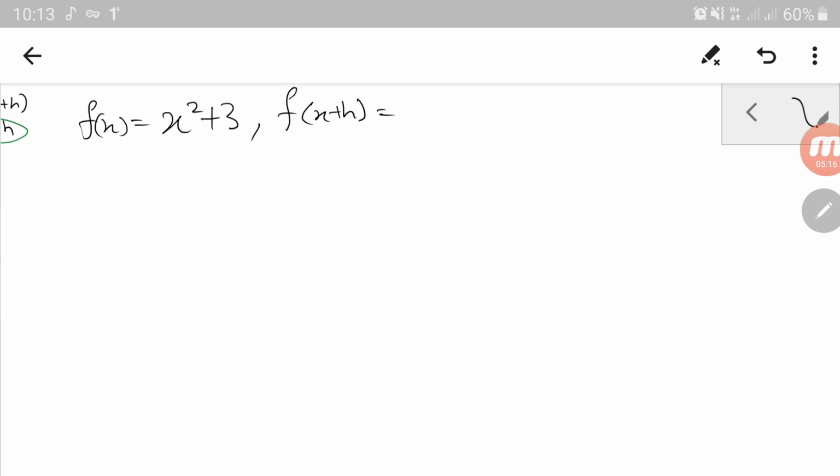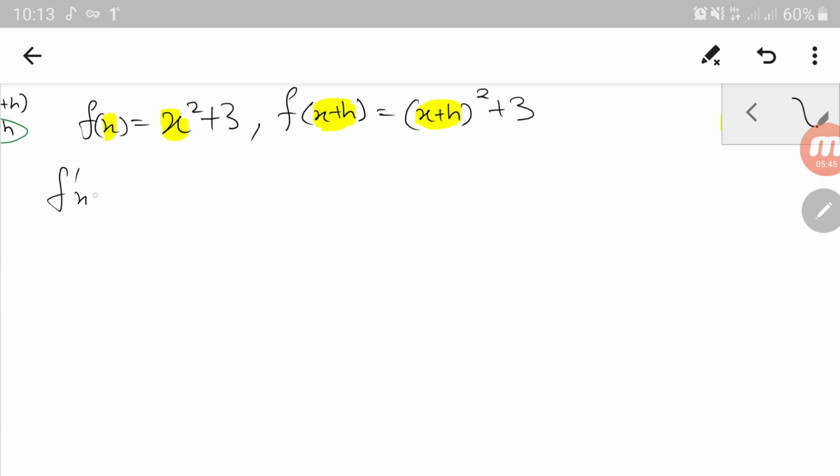Remember, it's like a function. If we adjust the object, then we treat the object as the whole bracket, and then we change it to whatever we want it to be. As you can see there, I changed the x. If it's x over there, and if it's x plus h over there, it must be x plus h over here also.